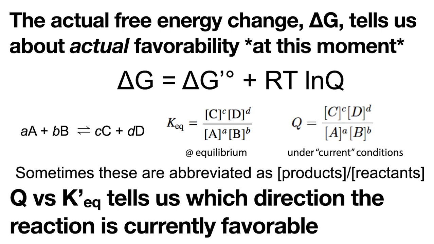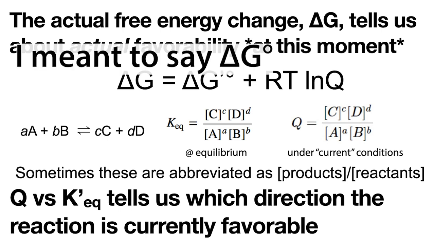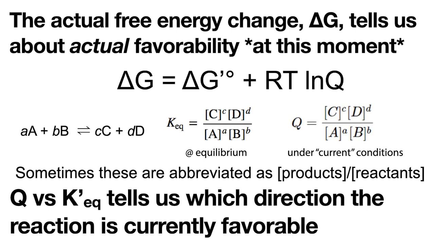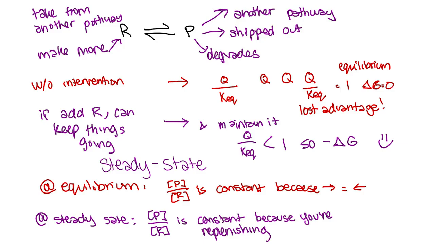We talked about how even if you had a really inherently favorable reaction that had a large negative delta G, if you had enough of your products, you would actually drive things backwards. But the bigger that delta G is, the more skewed your concentrations have to be in order to do that. And even if you had your concentrations really skewed, they wouldn't be that way for long because you'd be driven towards equilibrium.